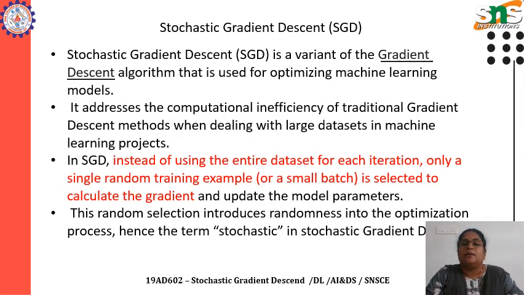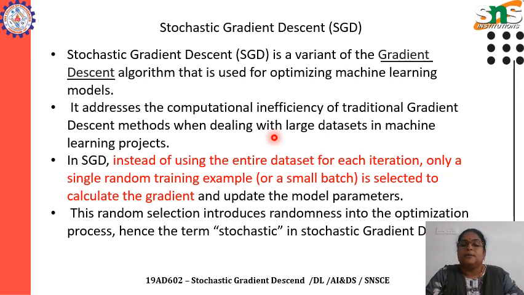Let me explain what stochastic gradient descent is. Stochastic gradient descent is an algorithm that is mainly used for optimizing machine learning models. To get the optimized value, we use stochastic gradient descent. It mainly focuses on the inefficiency of traditional gradient descent methods when dealing with large datasets in machine learning projects.